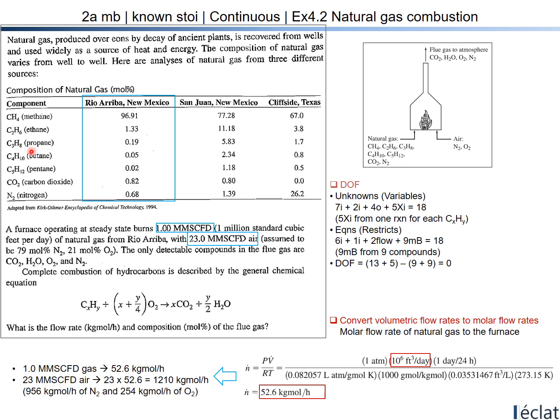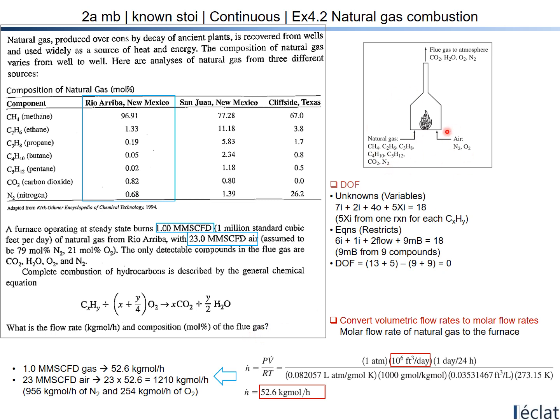It means we have 5 different balanced chemical reaction equations because we have 5 alkanes in the natural gas. The question is, what is the flow rate in kilogram mole per hour and composition in mole percent of the flue gas?